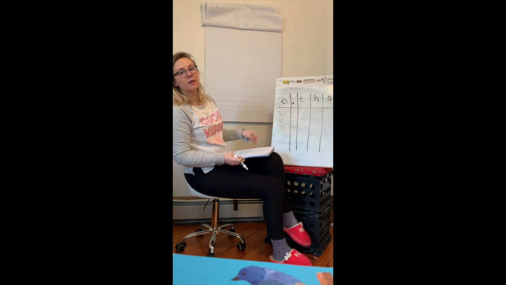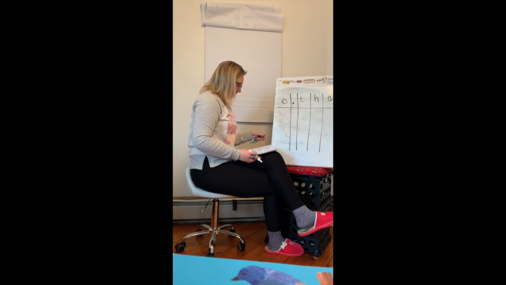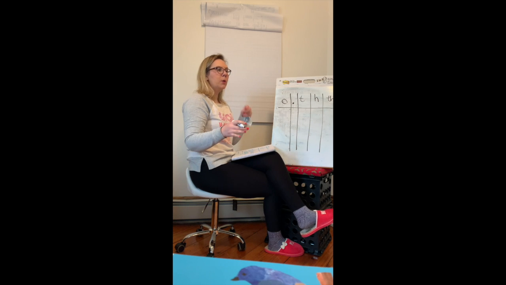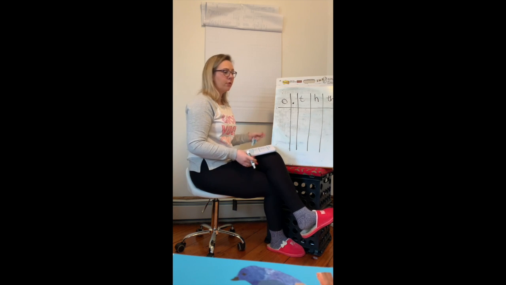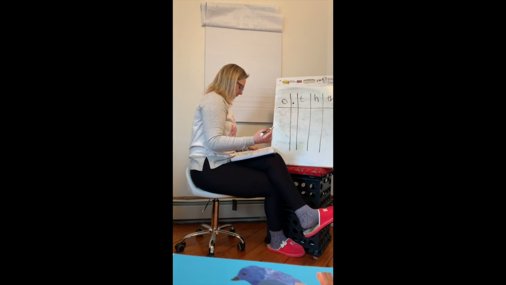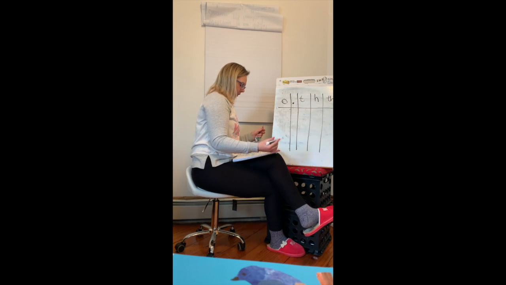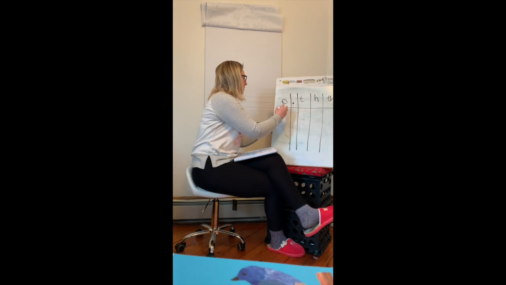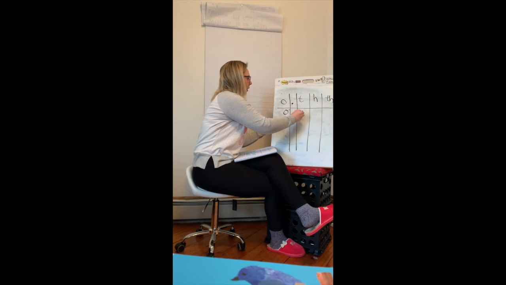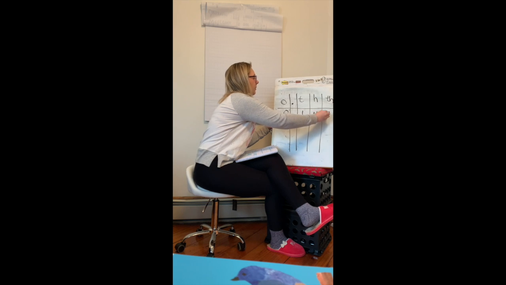I'm putting them in the order that they're shown in the problem, so it's totally random. It's not that I'm putting them in order for you. Our first number is the book, and it's 147 thousandths, so I would write that as 0.147.